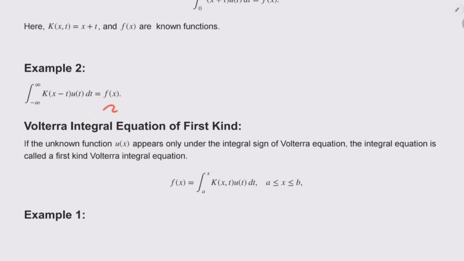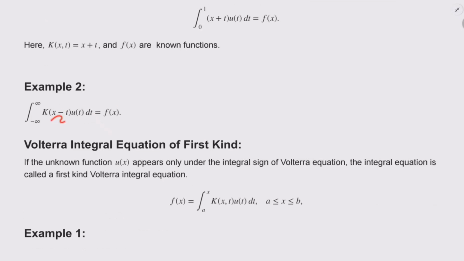Similarly, here you can see that the lower limit is fixed, which is infinity. The kernel depends on x minus t. It means that K of x minus t can be sine of x minus t or maybe cos of x minus t.